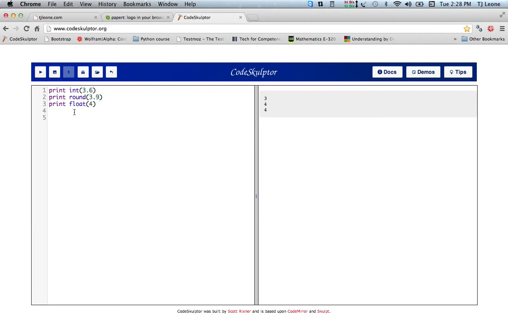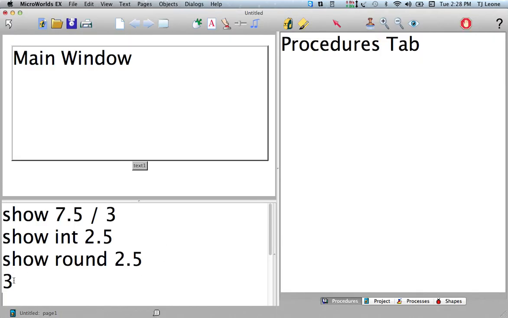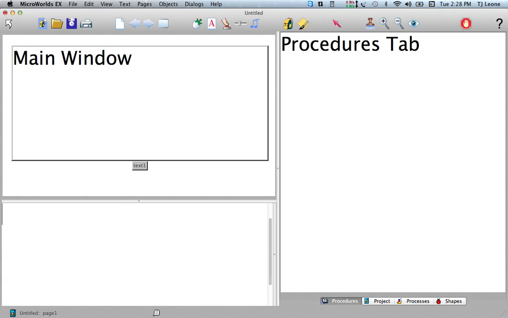Let's see. There's also something in MicroWorlds called power. So if you said, for example, let's say show power 3, 2, what this does is it says, okay, raise 3 to the second power, or give me 3 squared, which is 3 times 3, which is 9.